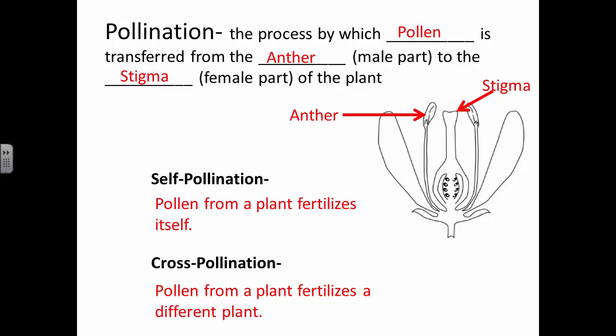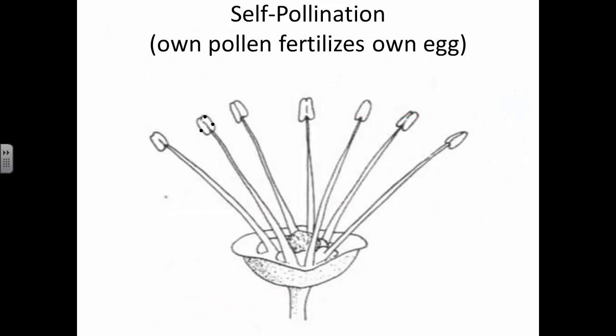And again, just like in animals, they have to be the same species. A maple tree will only fertilize another maple tree, not another plant. Just like within a single animal species, reproduction happens just within the members of that species.